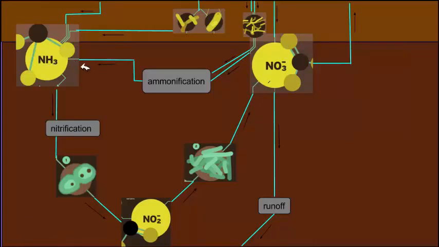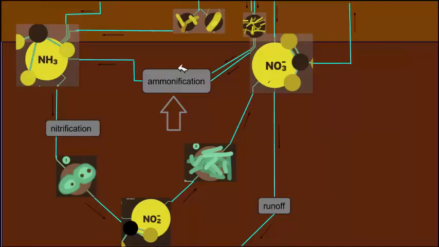So we'll talk about ammonification, which is also called the mineralization process, and it is a process in which heterotrophic bacteria or sometimes fungi, not represented here, convert the organic nitrogen from animal excrement or dead plants into the inorganic form of ammonia.